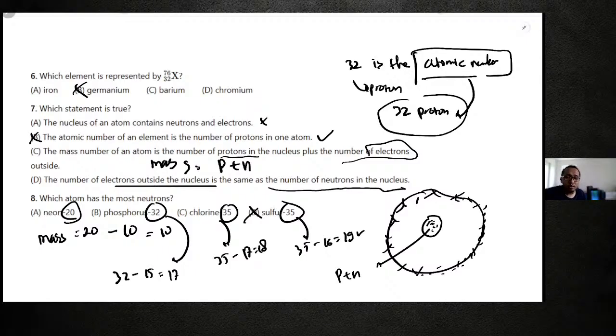If you take a look at the periodic table, as you can see over here, why is it not showing up over here?